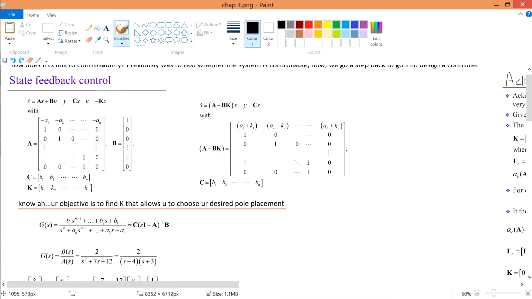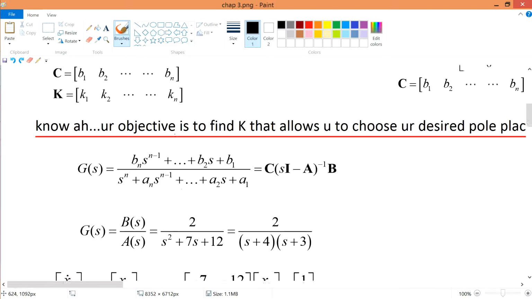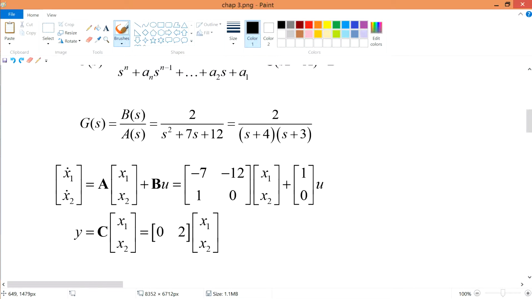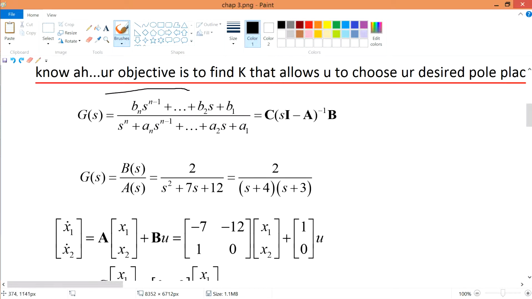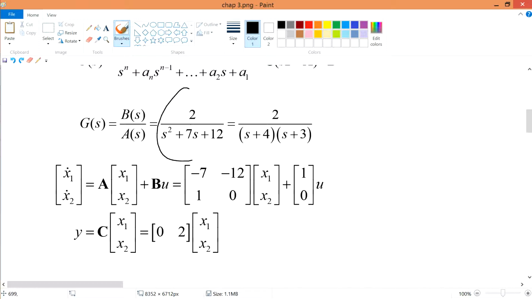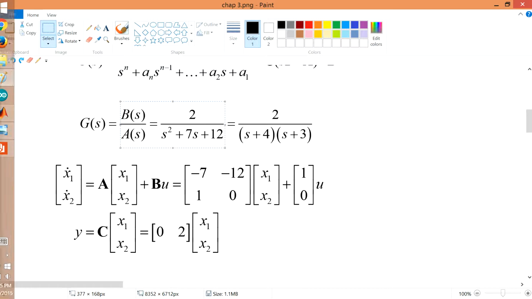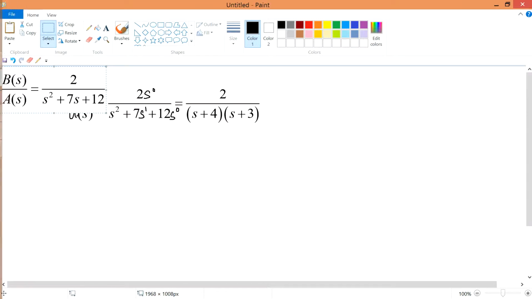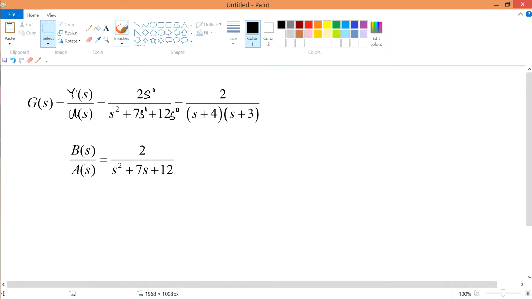In order to show you the usefulness of the canonical form, I'll start with the understanding of this transfer function over here. We're going to use this example to show you the state space system. So I'm going to copy this over here and paste it all over here. Instead of writing B and A, I'll just write Y and U as shown over here.